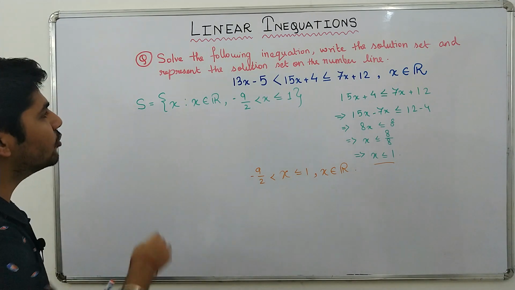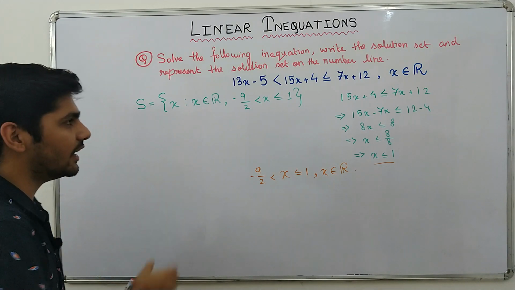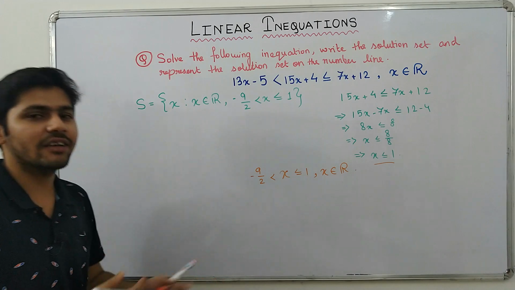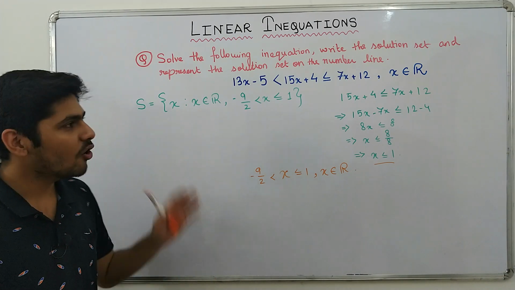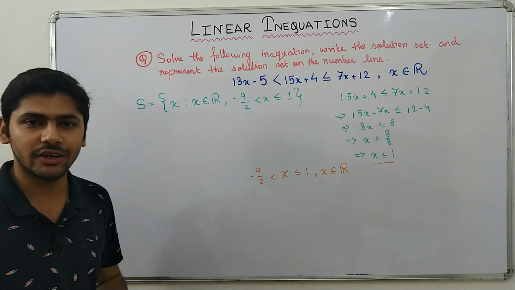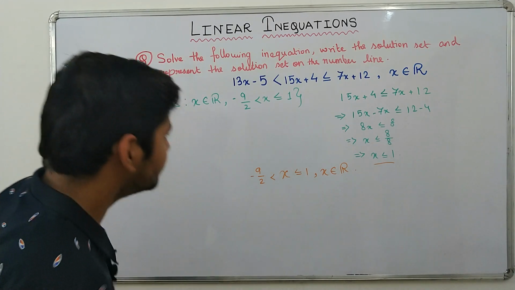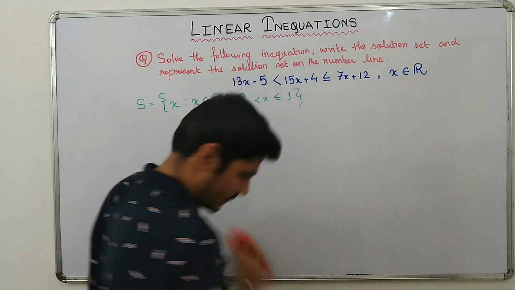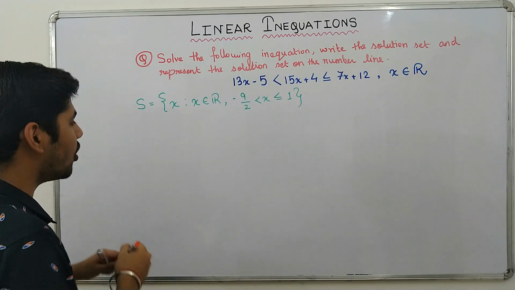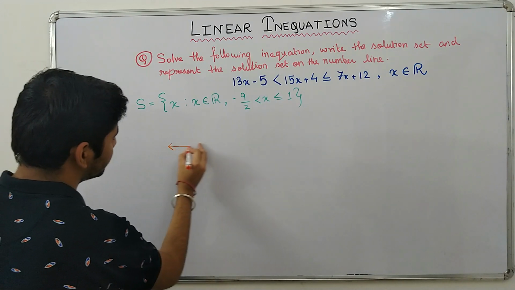Now finally we have to represent the solution set on the number line. Over here also for different number systems we have different representations on the number line. Over here we have real number. So let me show it to you for that. The first thing is we will draw a number line.